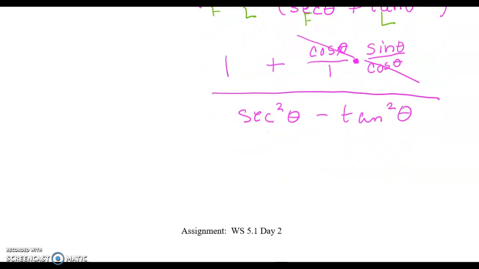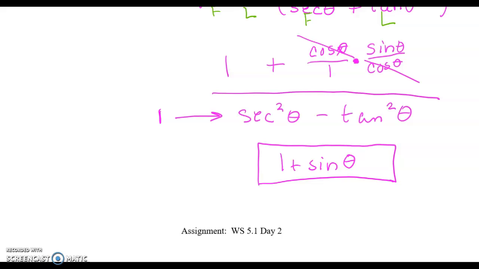So now we've got 1 plus sine theta in the numerator. Let me just do that over. 1 plus sine theta in the numerator over secant squared minus tangent squared. If you look back at your identities, secant squared minus tangent squared is 1. So 1 plus sine theta over 1 is 1 plus sine theta.